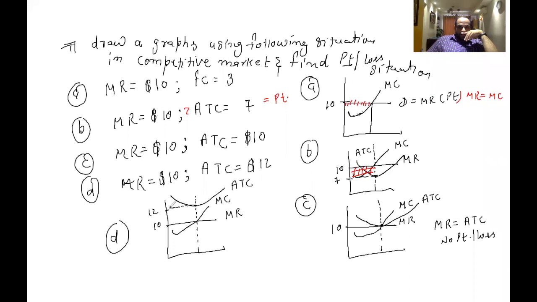And this area is your loss area, all right? So that's your loss. That's your profit. And that's your maximum profit. Right? And that's your no profit, no loss. So that's the meaning of find profit or loss using the graph. All right.